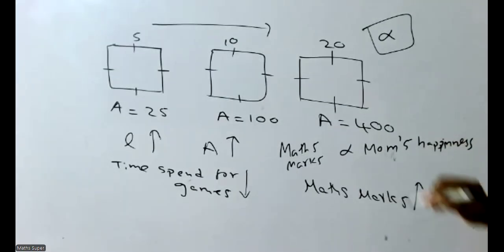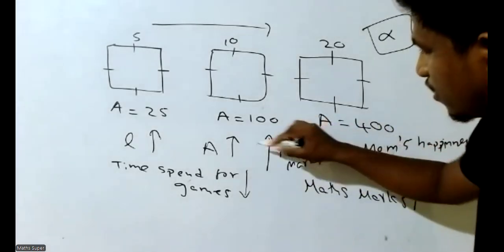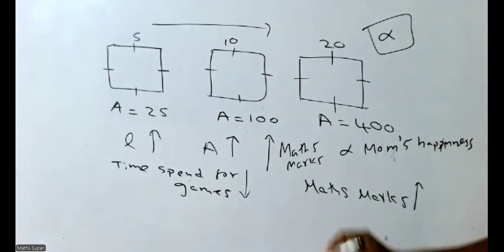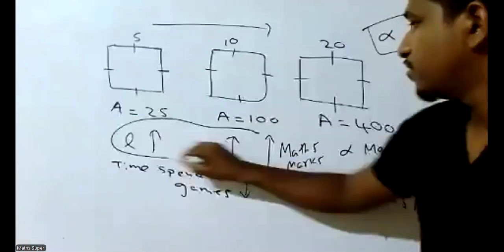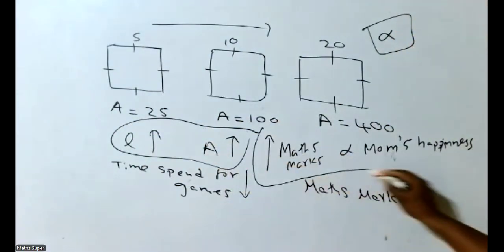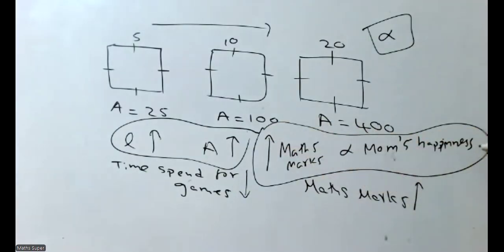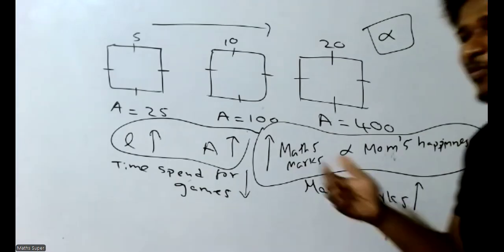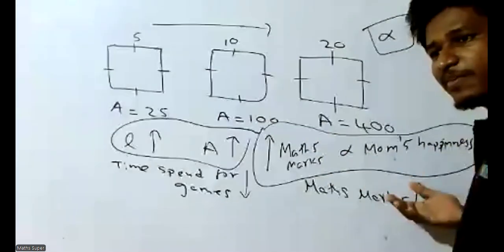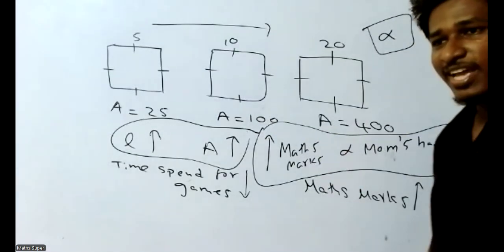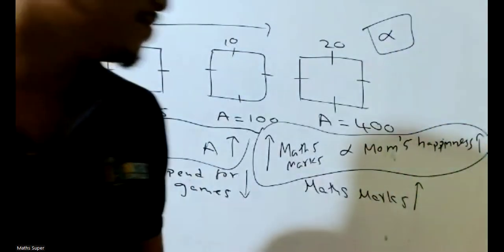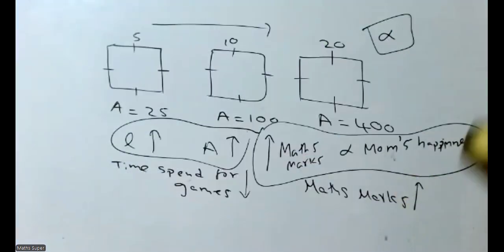Okay, if you are getting more marks for maths, what happened to the mom's happiness? This is one thing, this is another. It is also increasing, no? Why? You are getting more marks, then she will be more happy. So that is directly proportional.